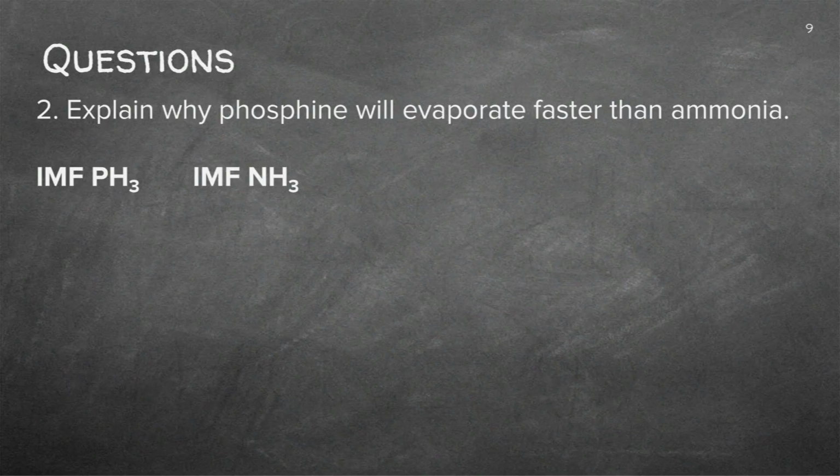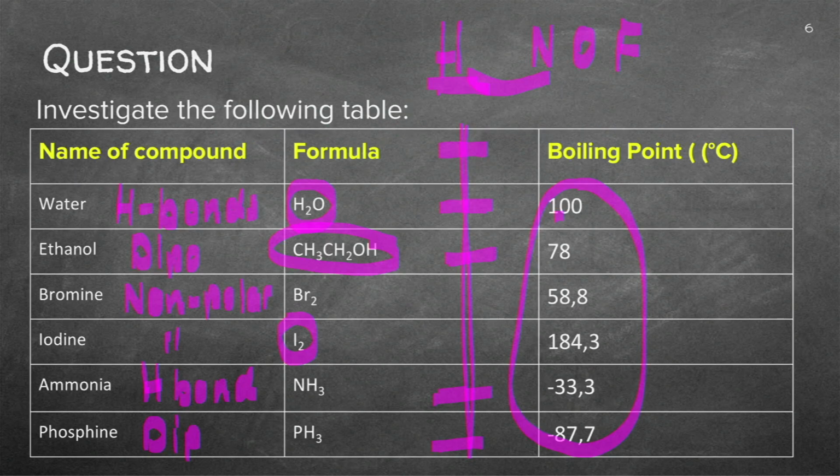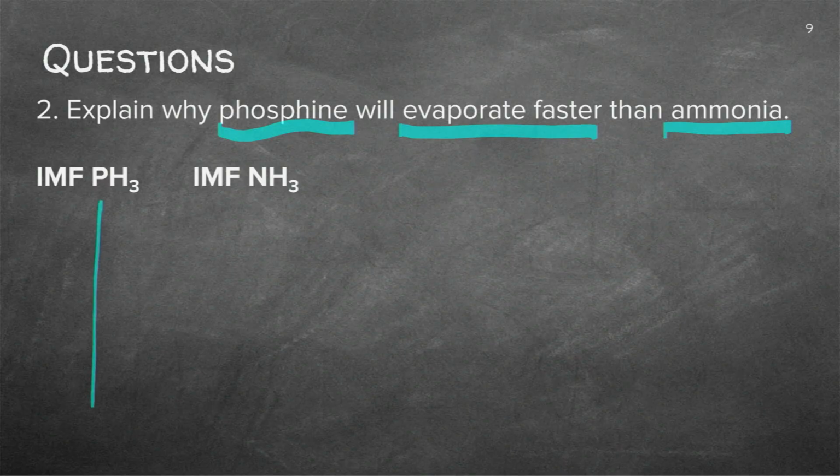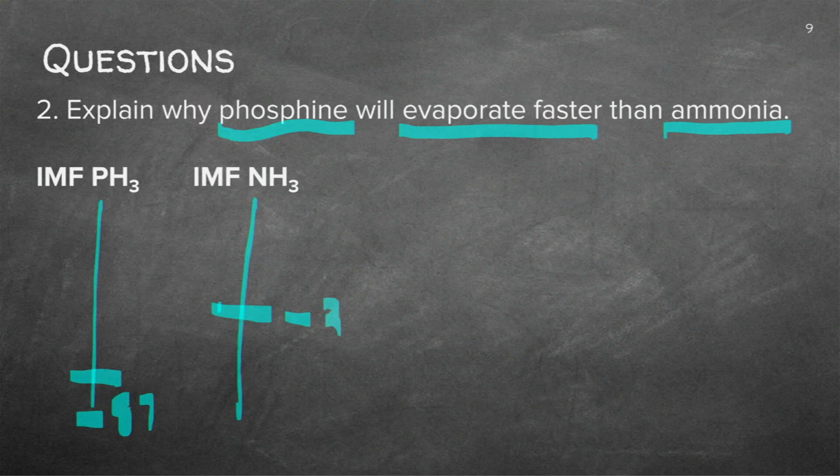Another question. Explain why phosphine will evaporate faster than ammonia. Now let's have a look. Phosphine evaporating. Let's go back to our table. Phosphine is evaporating at minus 87 and ammonia at minus 33.